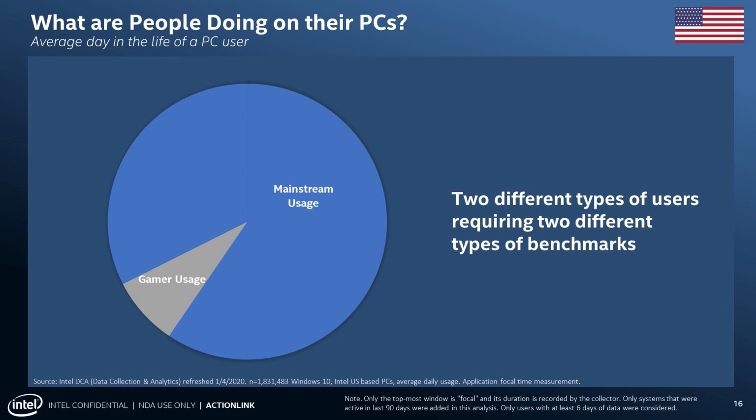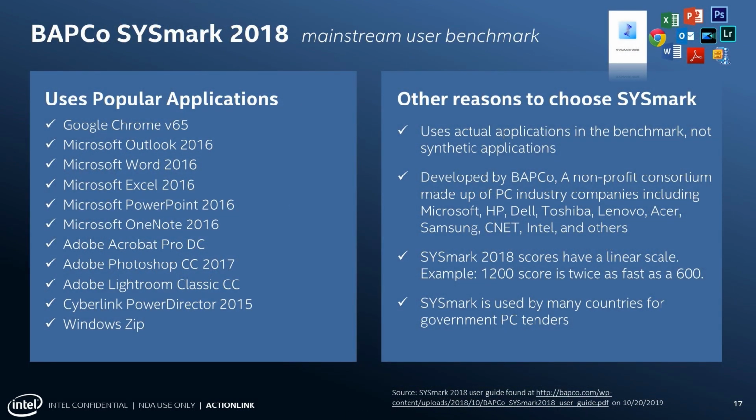But if you look at that mainstream usage, that's what we're focusing on for products like the U series. And what we've used is Sysmark 2018. It is by far the best application. It hits all of the top applications that are being used by the mainstream user. It uses Google Chrome, it uses Outlook, it uses Word, Excel, PowerPoint, Acrobat, Photoshop, Lightroom, Cyberlink Power Director, WinZip.